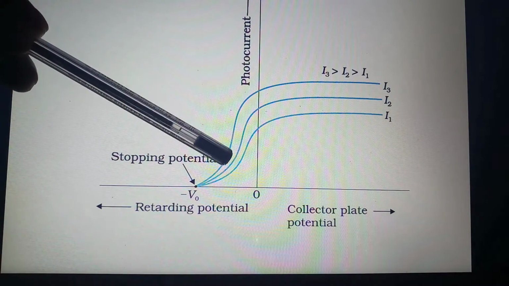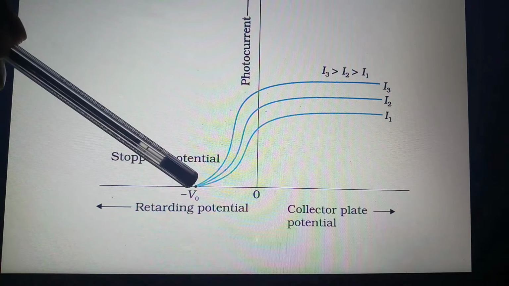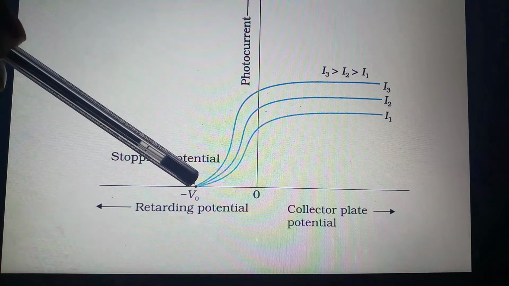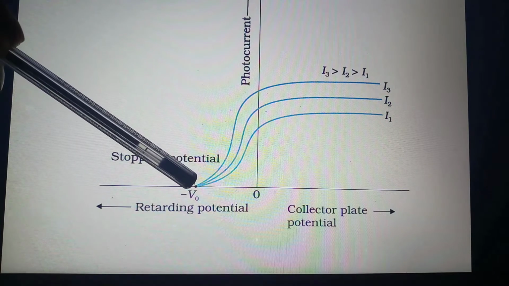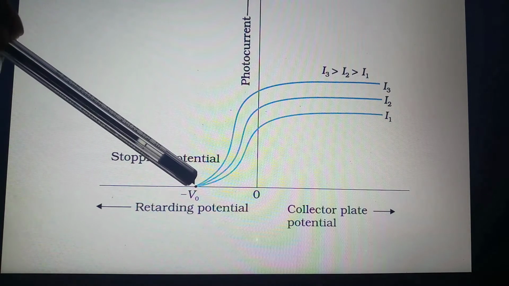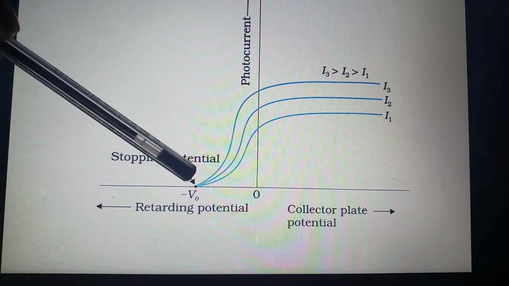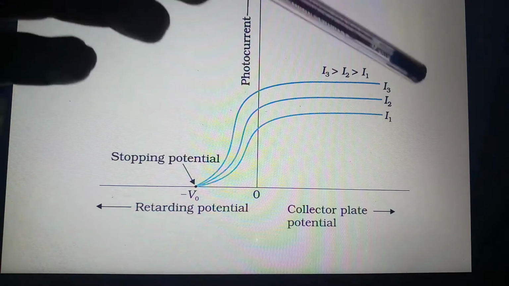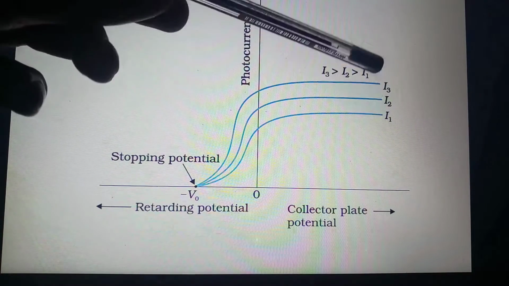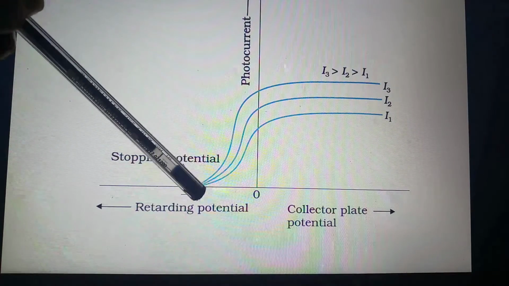Now when we reach this point, you can see the electron with the maximum kinetic energy is also getting reflected. This potential where the electron with the maximum kinetic energy is getting reflected is called the stopping potential. Now you see here, for different intensities we have the same stopping potential.